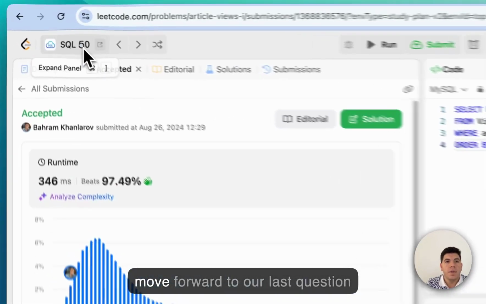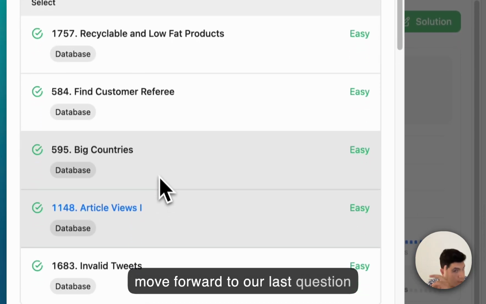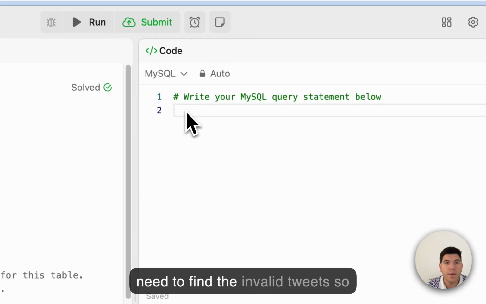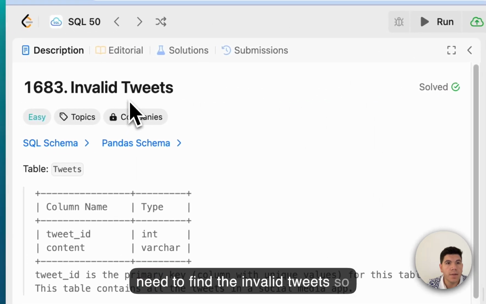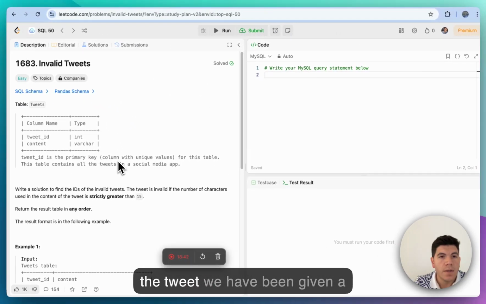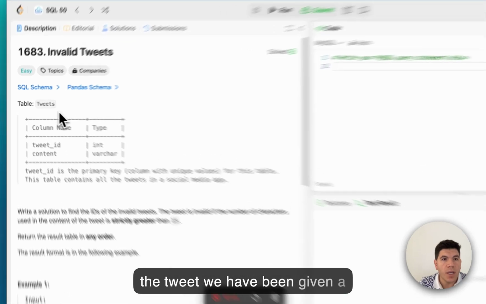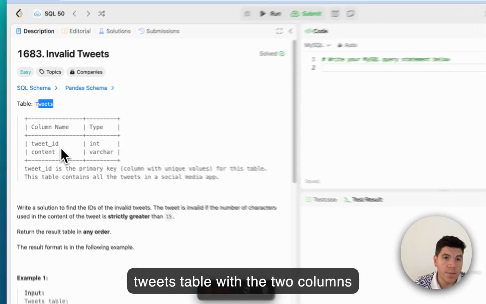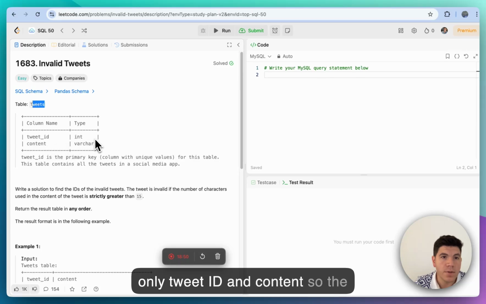Okay, we move forward to our last question of this video series. This time we need to find the invalid tweets. We have been given a tweets table with only two columns, tweet ID and content. The tweet ID is an integer, content is a character type, and tweet ID is a primary key.